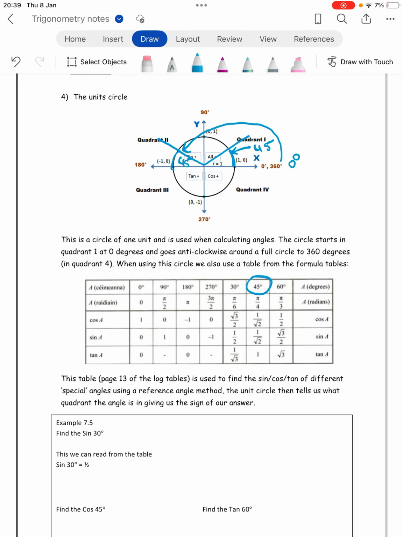So because it's starting at 0, we go 135 degrees across, which means that this angle here is going to be what's left from 180, which is 135. So this table allows us to find any angle that is 30, 45 or 60 degrees away from the x-axis.